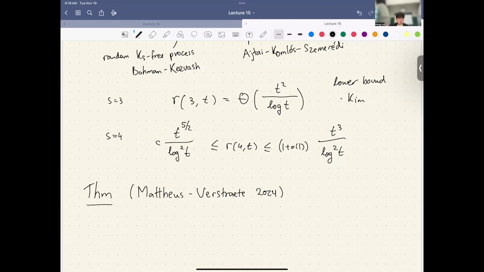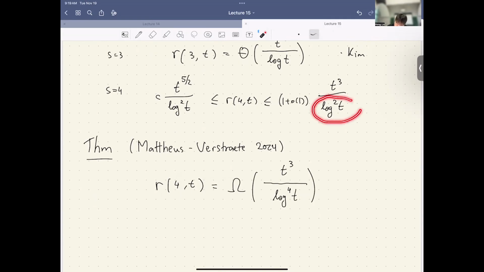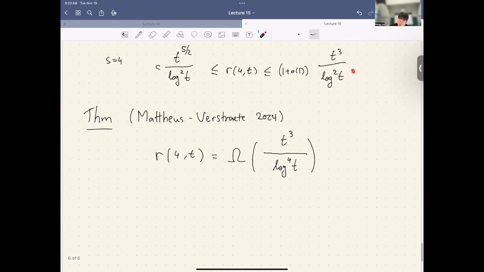In their breakthrough, they prove an almost matching lower bound: R(4,t) is at least some constant times t cubed over log t to the power 4. So there is still a lower order term, log-wise. They conjecture, they believe it should be log squared, I think. So there's a conjecture. Improving this log term will be very interesting.